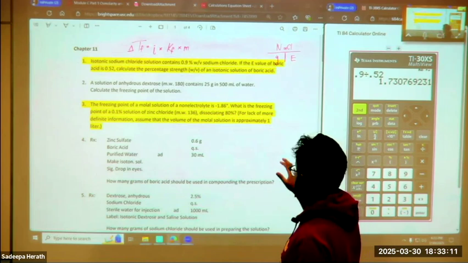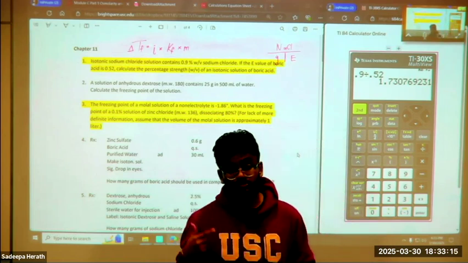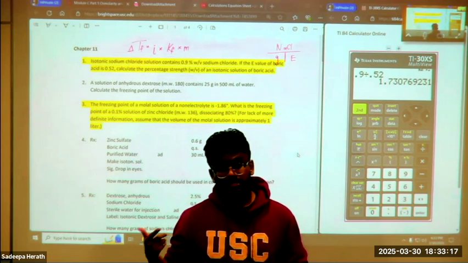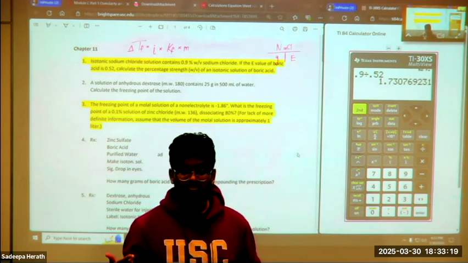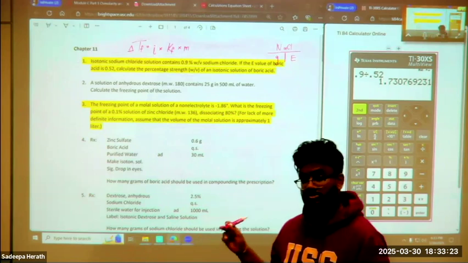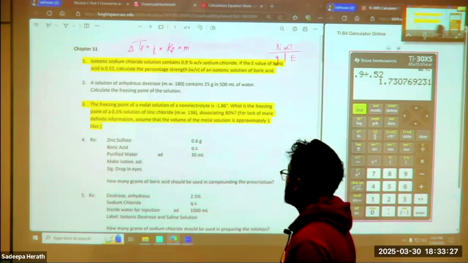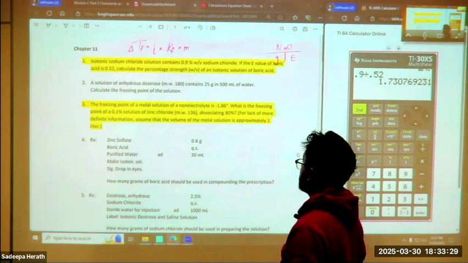For water, and this is a value I highly recommend you memorize, because water will probably be a constant solvent for a lot of these questions, the constant is 1.86.